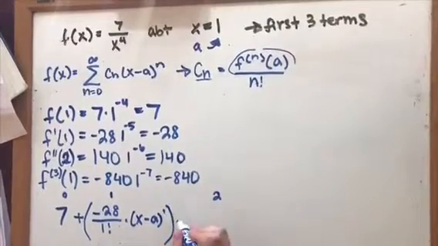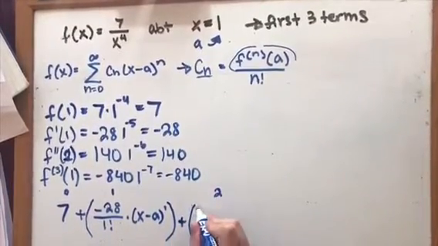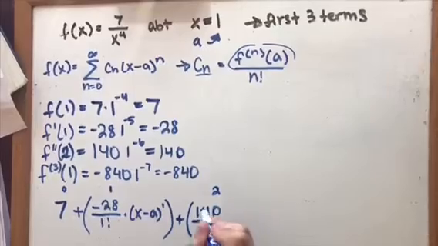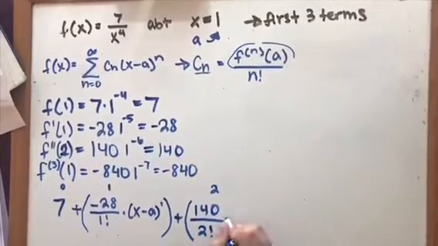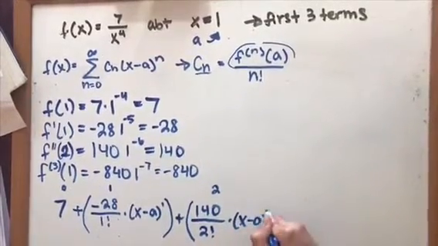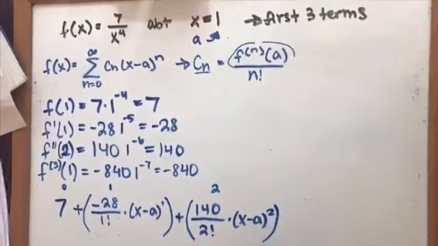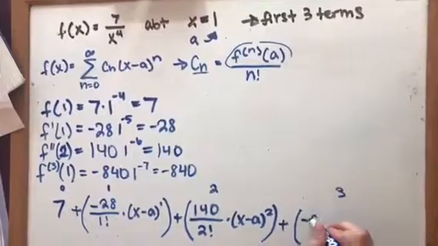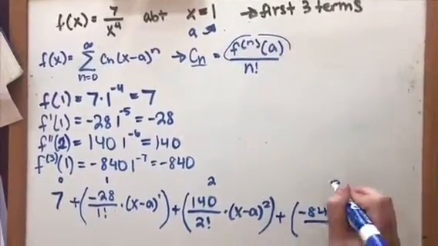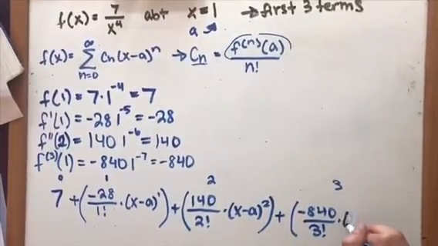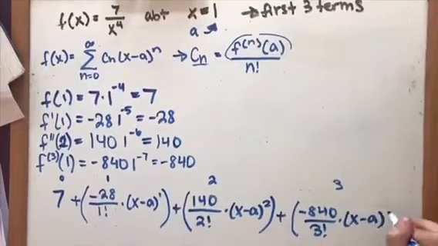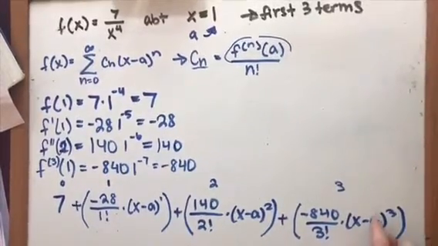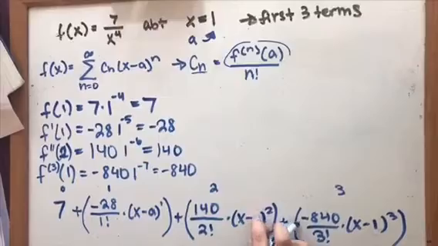Our n equals 2 term is going to be 140 over 2 factorial times x minus a to the second power. And our third and final term is going to be negative 840 over 3 factorial times x minus a to the third power. And this a is just going to be 1.